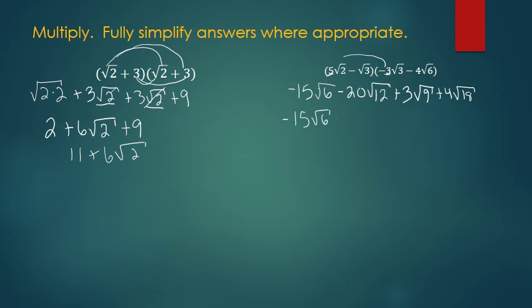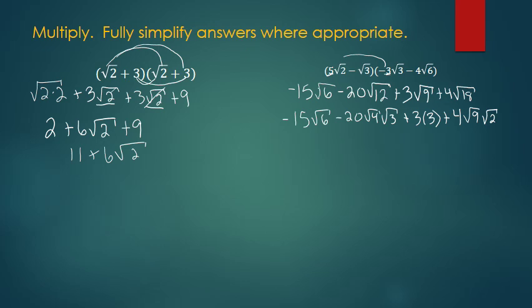So I have minus 20 square root 4 times the square root of 3, right? Because 4 times 3 is 12, plus 3 times the square root of 9, which is 3, plus 4. Now I can simplify square root of 18. That becomes the square root of 9 times the square root of 2.